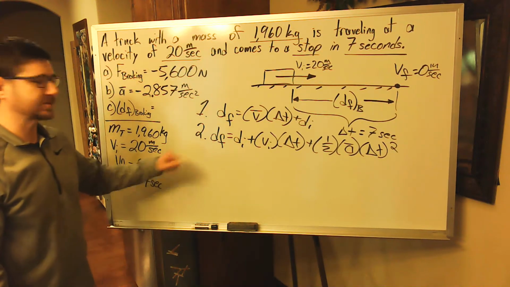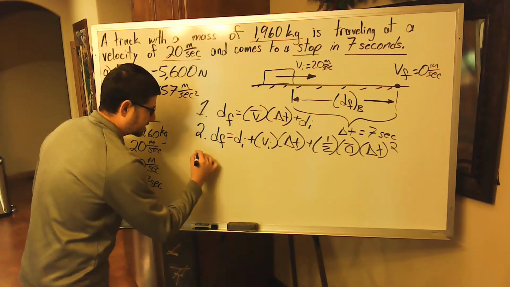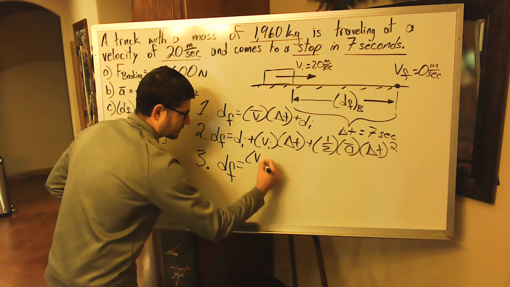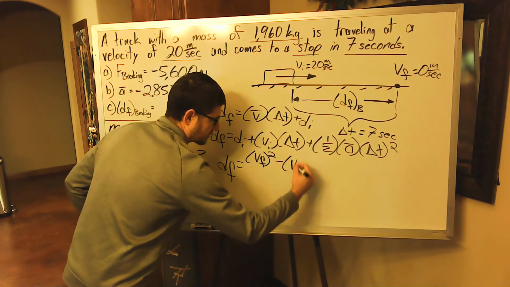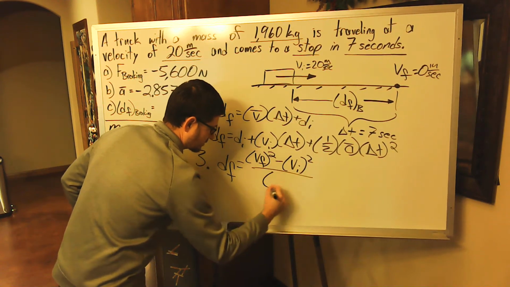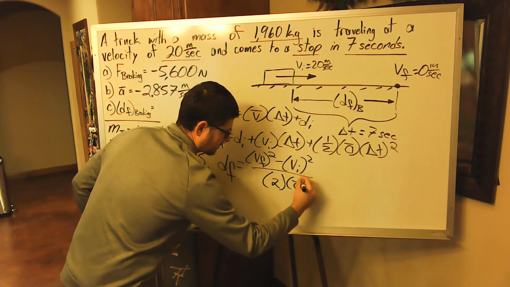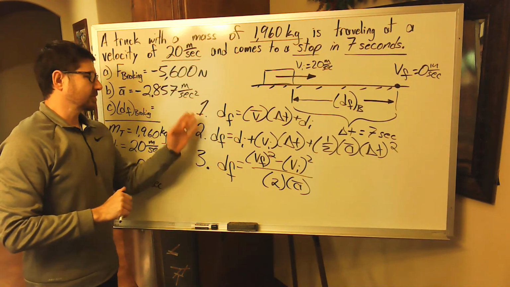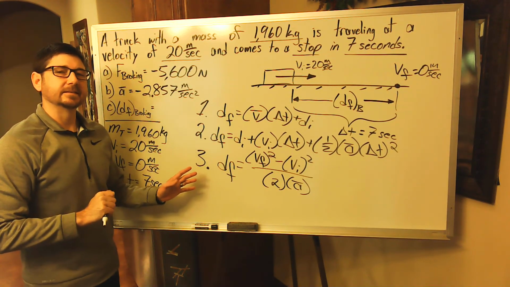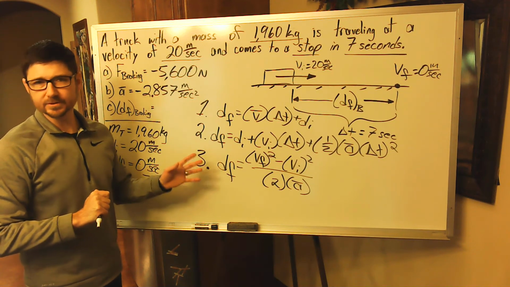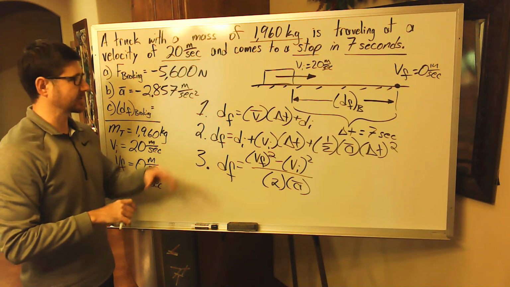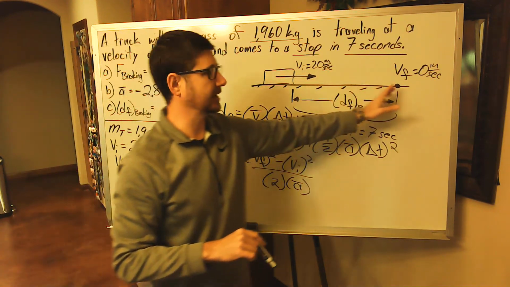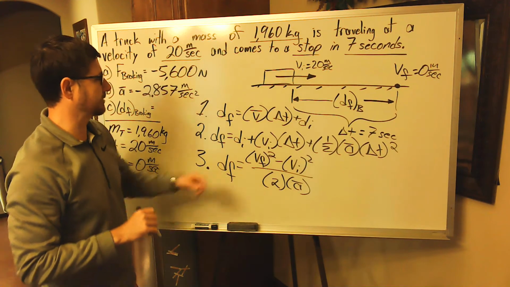And option number 3. These are our 3 options to calculate the displacement while the truck is braking. When it's traveling at 20 meters per second, it begins to brake until it stops.